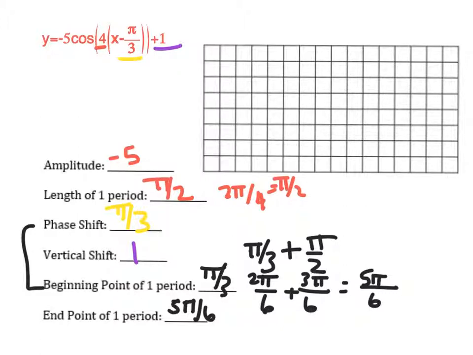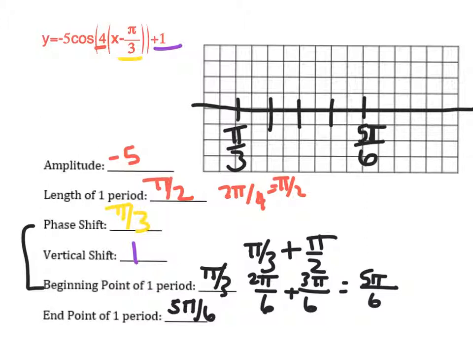So I'm going to start at pi over 3, 1, 2, 3, 4, 5 pi over 6. Now, this is pi over 3, and think of that in your head as 2 pi over 6.